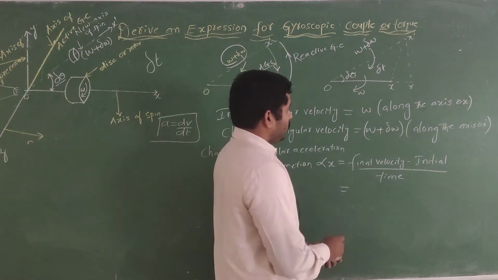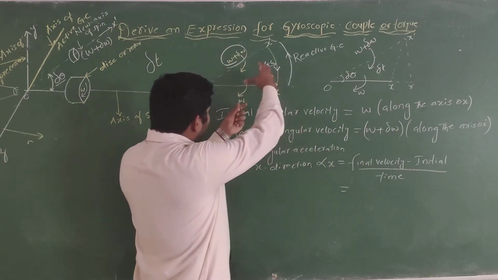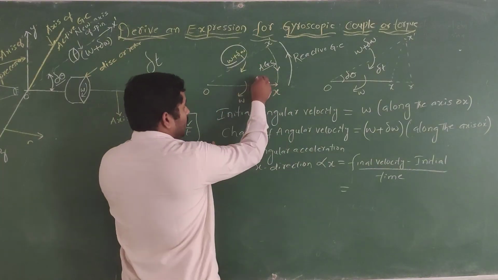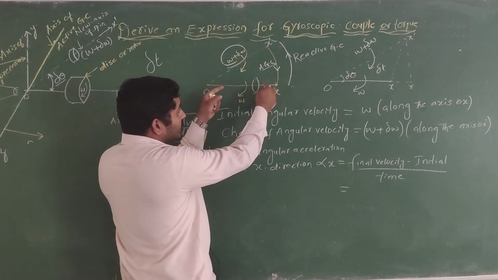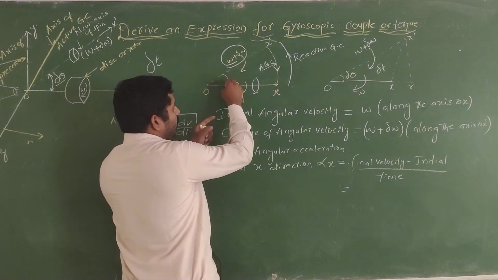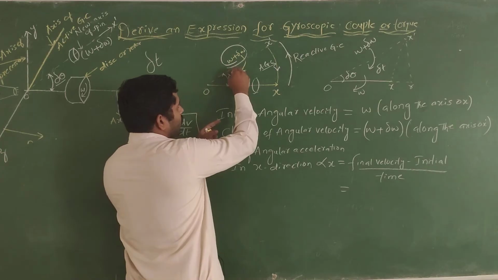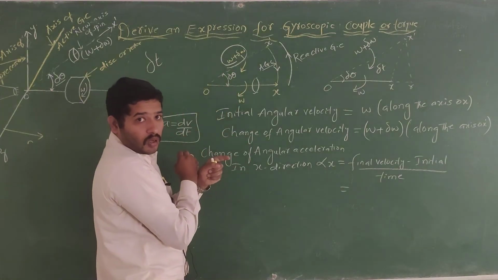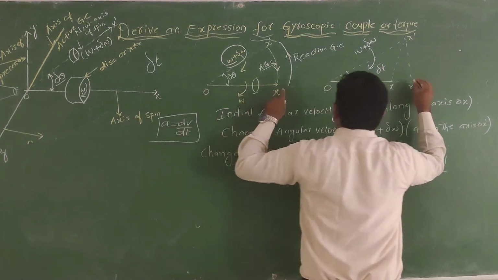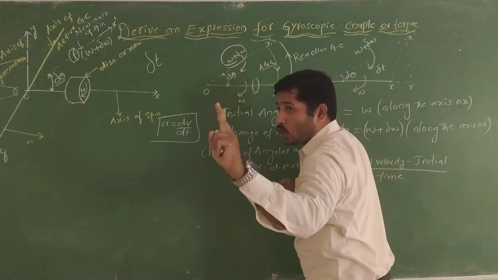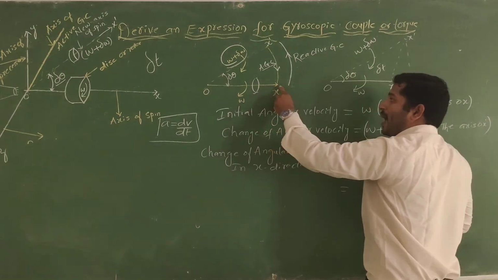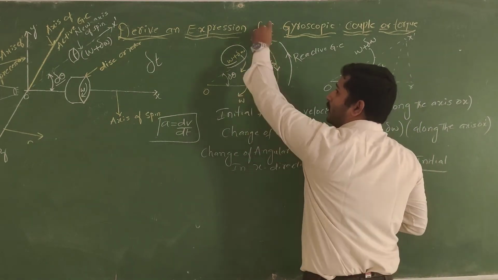But let us see, the disk is rotating from horizontal to vertical. So what will it form here? First, it makes an angle. If it makes an angle, this means it resolves into two components, one parallel and another perpendicular.